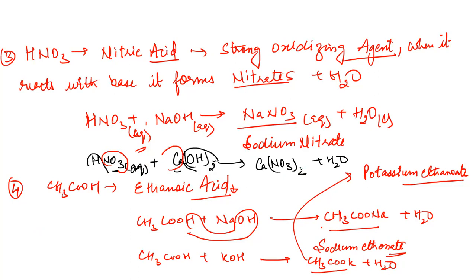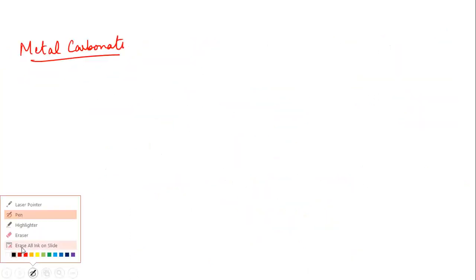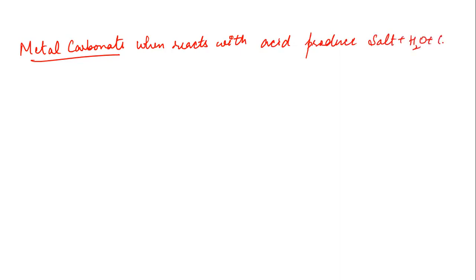Okay. Now see metal carbonate. A metal carbonate, when it reacts with acid, produces salt plus water plus CO2.